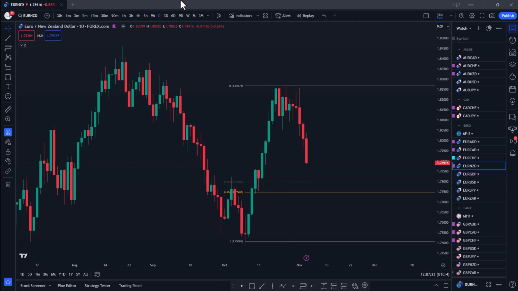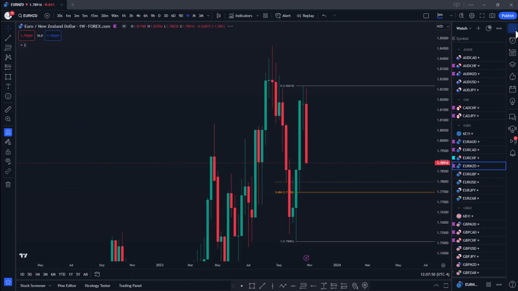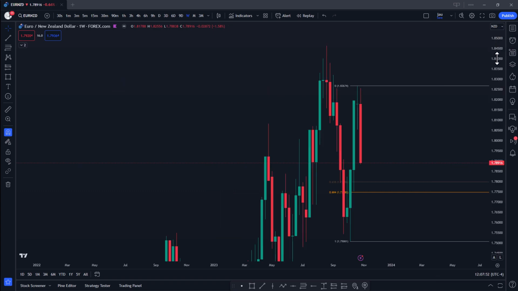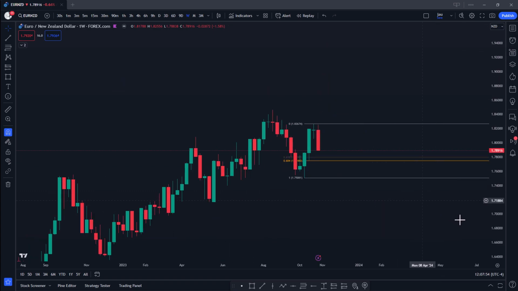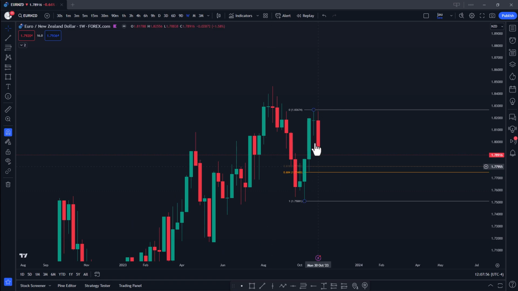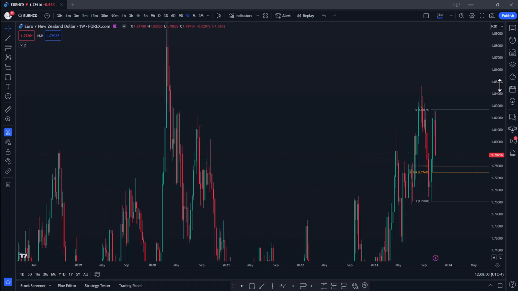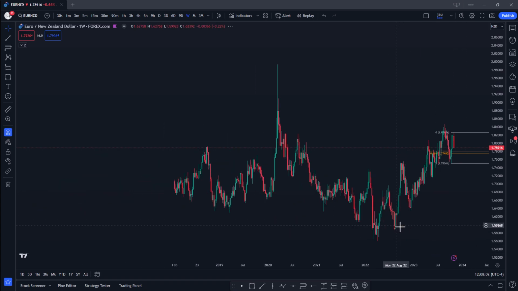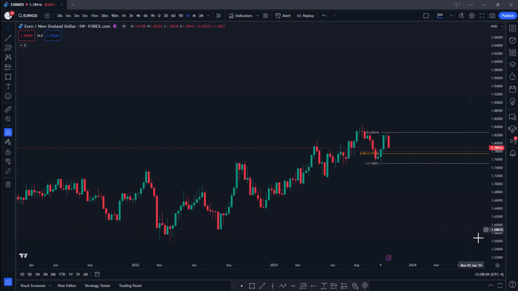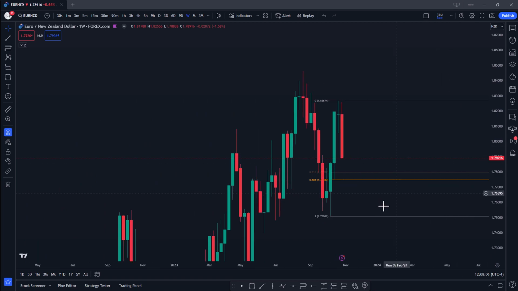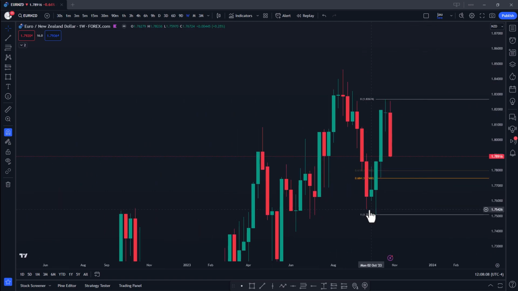EURNZD is the next one that I'm looking at. Let's see if we can start off with the weekly chart. The Fibonacci that I have here will make sense in a moment, but I'm also looking for bullish prices on EURNZD for the same reasons. 2022 model, we got a liquidity sweep.